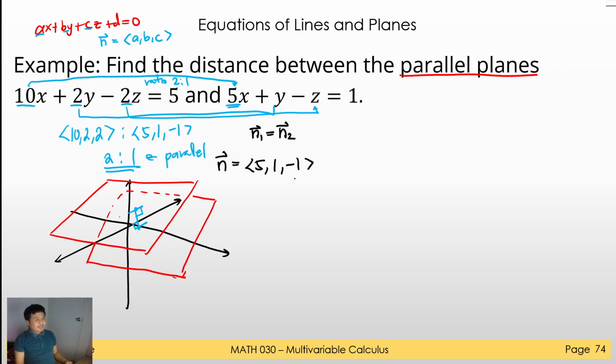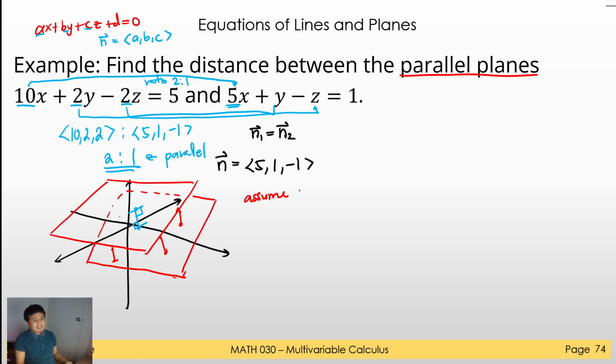It could be any point. You can choose any point here. It could be here, it could be here, any distance here. It will be the same for every reference point.